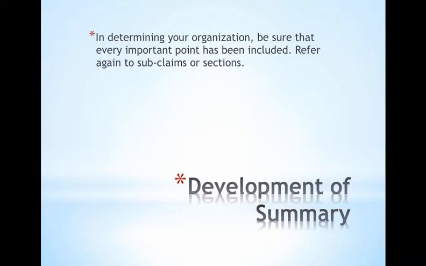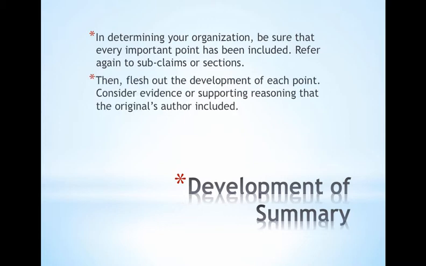But what comes after that? Well, you want to make sure that you discuss in a few sentences at least every subclaim and every major section. And you want to flesh out the development of each one of those subclaims or sections. And to do so, consider the evidence or the supporting reasoning that the original author included in this article that you're summarizing.